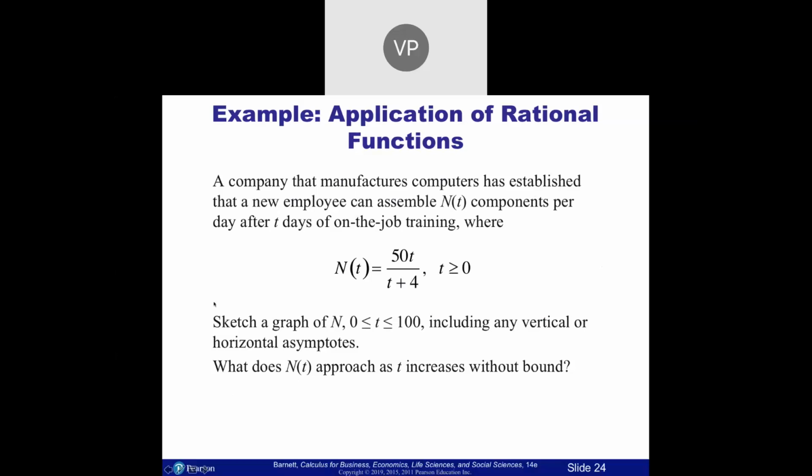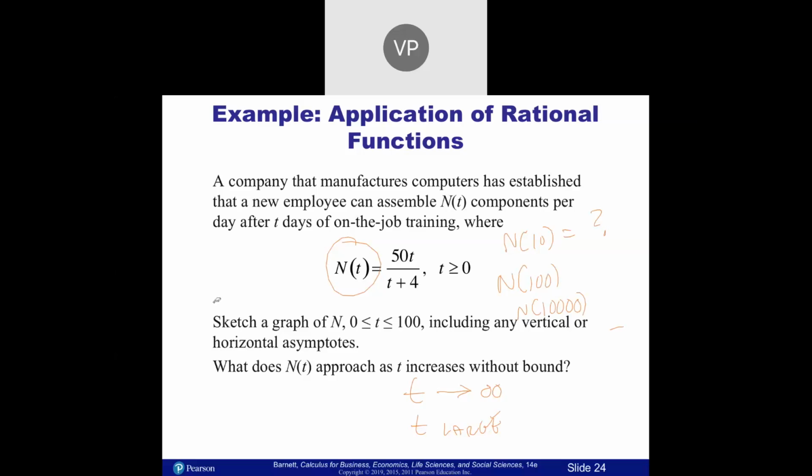When they say as t increases without bound, they're asking what happens as t gets really big, as t goes to infinity. They want to know what's happening to the function. That was the thing I was telling you earlier: plug in a really big number, a super big number, and see if you can detect a pattern.